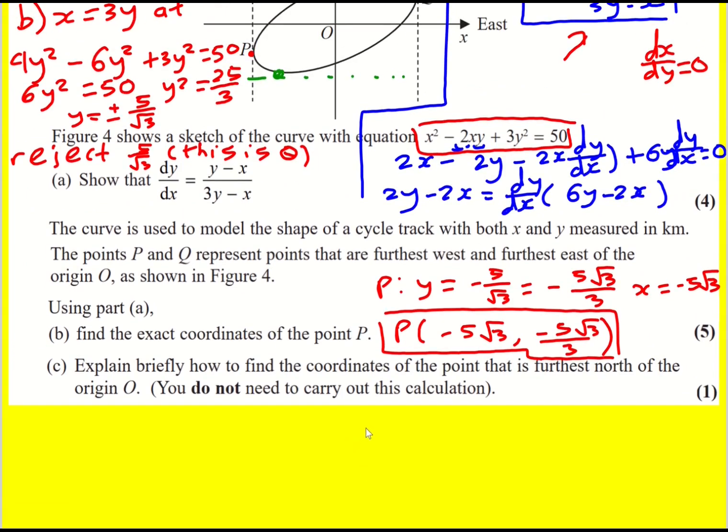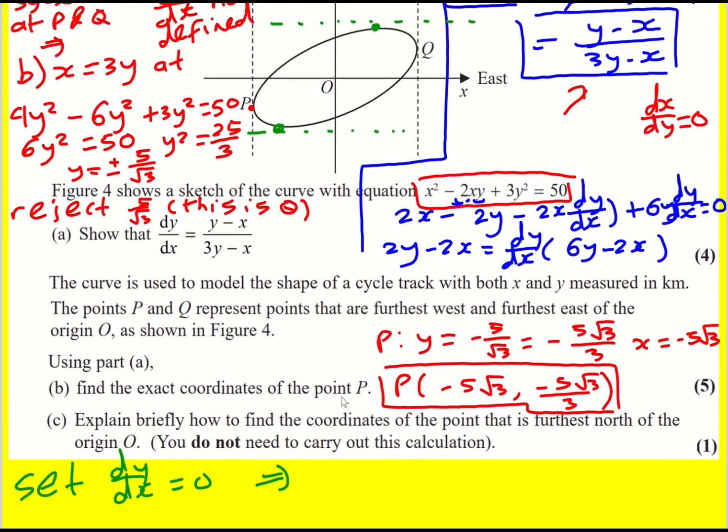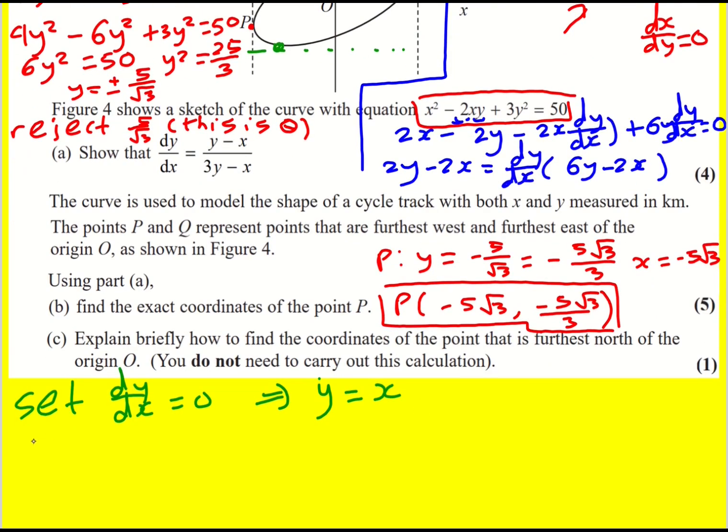But to find the point furthest north, so briefly explain, there's actually quite a few steps expected for this. So we can set dy by dx equals 0 for the most northern point, which actually implies that y equals x here. And then that's not enough. We then need to say sub back into the original equation.